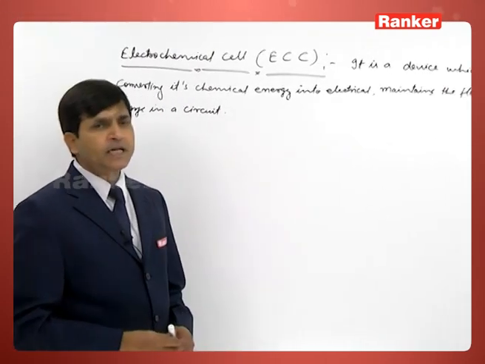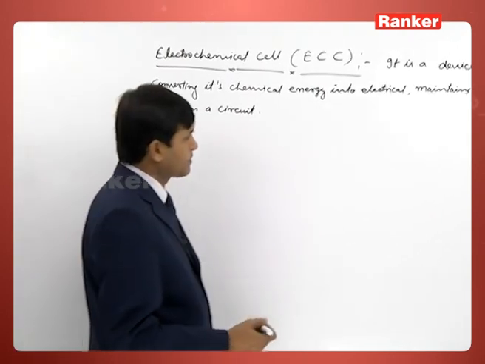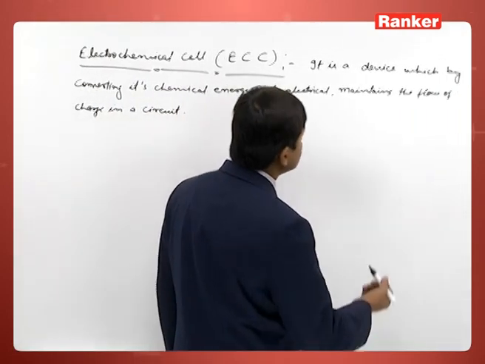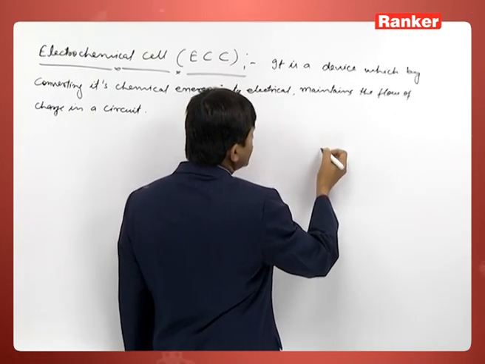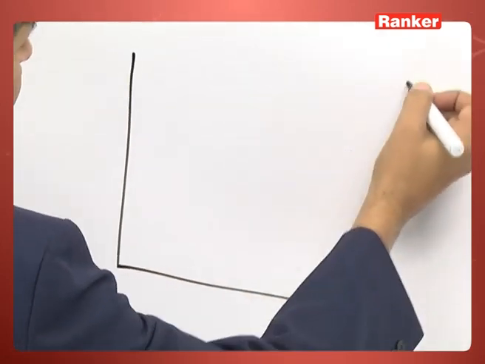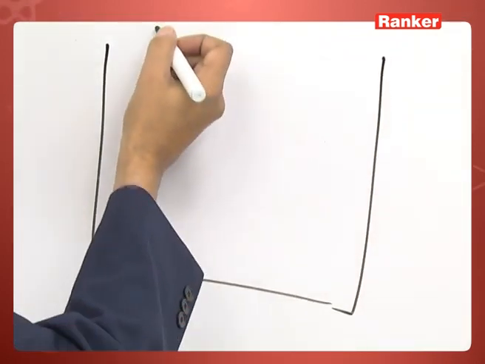How it does that, we would like to see here. First, see the construction diagram of a cell. In the cell we have two electrodes.